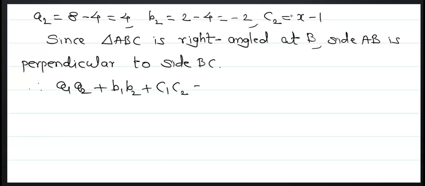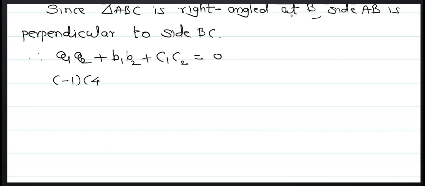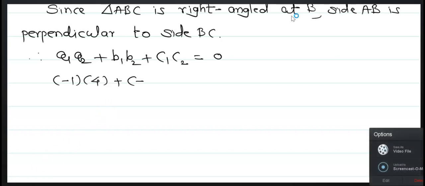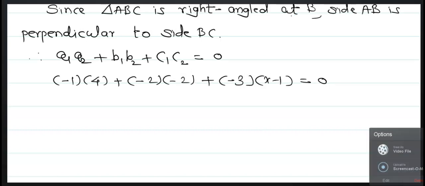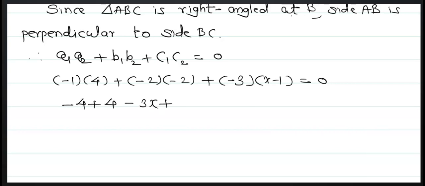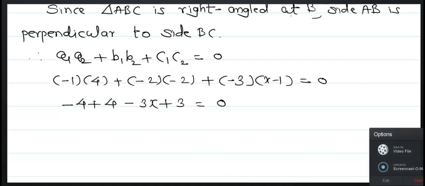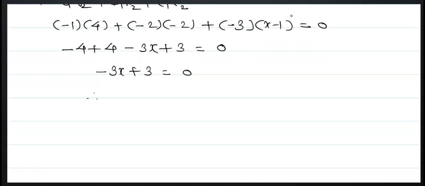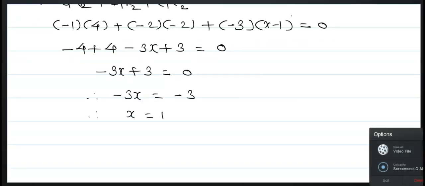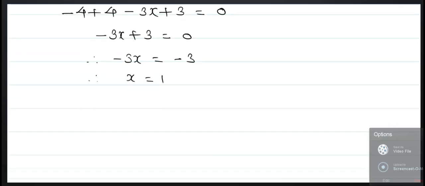A1 into A2 plus B1 into B2 plus C1 into C2 is equal to 0. Minus 1 into 4 plus minus 2 into minus 2 plus minus 3 into X minus 1 is equal to 0. Now evaluate this. Minus 4 plus 4 minus 3x plus 3 is equal to 0. Therefore minus 3x plus 3 is equal to 0. Minus 3x is equal to minus 3. And therefore x is equal to minus 3 upon minus 3, that is x is equal to 1.